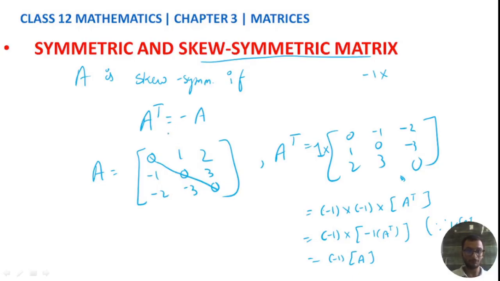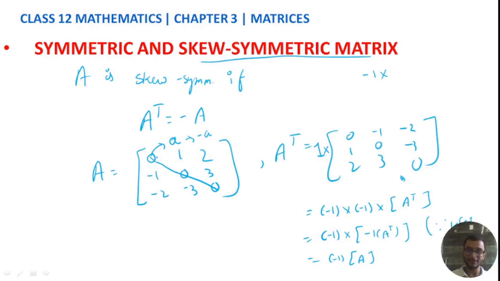But if we want skew symmetric, we want the diagonal element's sign to change. Suppose in place of 0, I am having some A, and I want this capital A matrix to be skew symmetric, I want this A to be changed into minus A. Why?